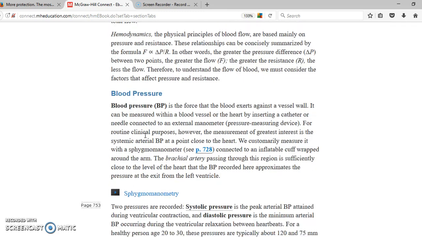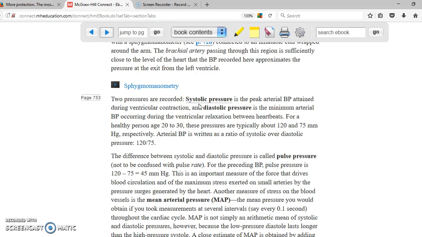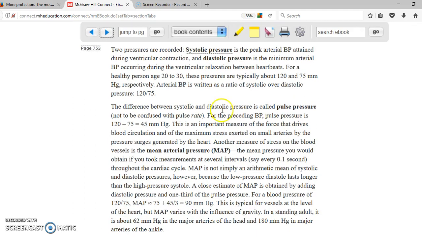We go down, we can see blood pressure. Obviously, for blood pressure, you have two main components, systolic pressure and diastolic pressure, right? The difference between the two is the pulse pressure. There's a very important concept, which is the mean arterial pressure.